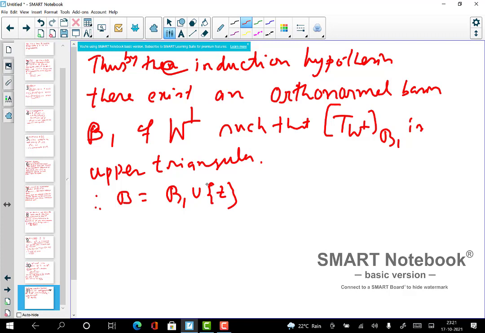The advantage is that Z is orthogonal to W perp obviously, and B1, and B1 has all the orthogonal vectors which are also unit, like norm is 1, and the norm of Z is also 1, so this is an orthonormal basis of V, right?